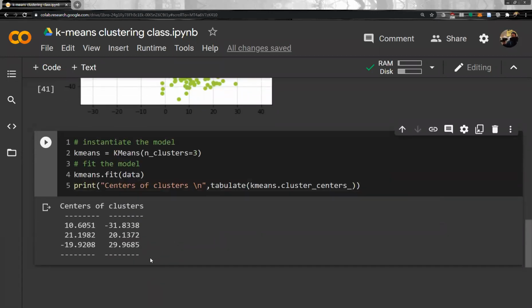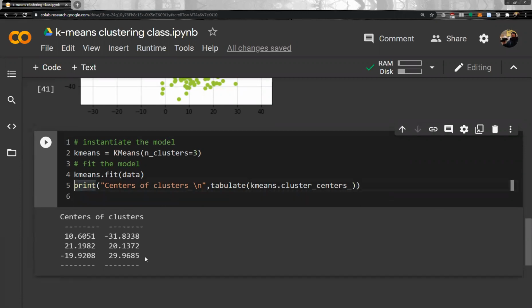And then we will see the labels of the clusters. Labels of clusters.